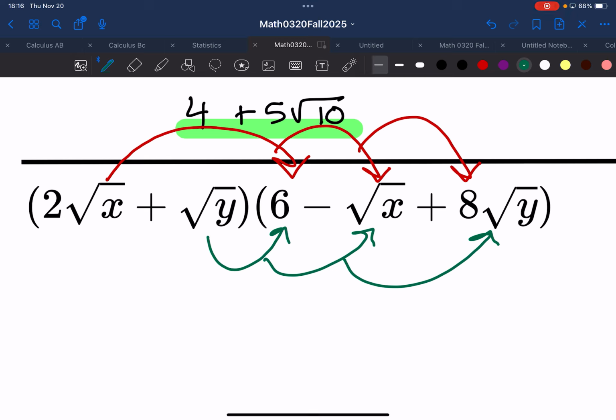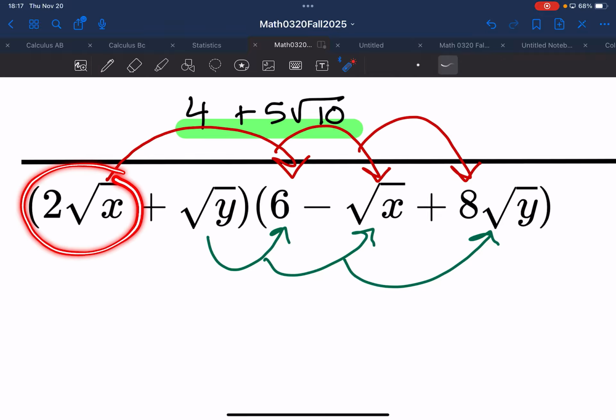Okay, so the first thing is I'm going to multiply 2 square roots of x in. Do you guys want me to write it step by step again or try to say it verbally? We can always go back and write it if we need to. Okay, so we have 2 square roots of x times 6.